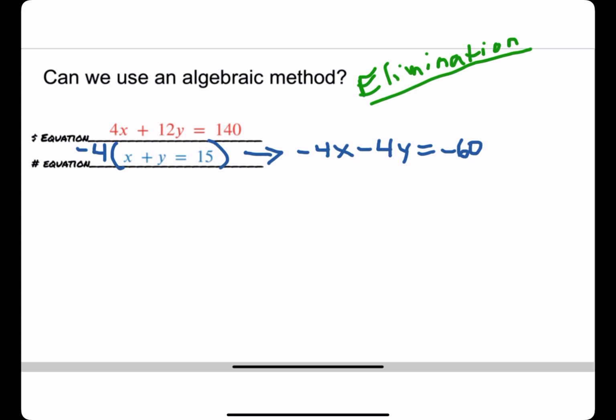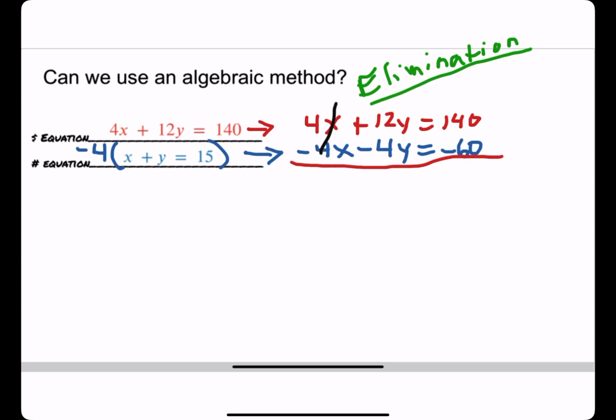Because if you look at the first equation, I had an x term with a coefficient of positive 4. When I add these two equations together, now I'll simply copy over the first equation so that they're on top of each other. If I add these two equations together, these x's will cancel out.